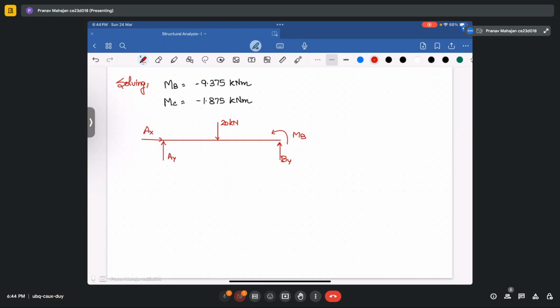Fine. So now apply summation of moment about B equal to 0. So what you will get? You will get minus MB minus load, which is also anti-clockwise, so it will be 20 into 1.5 plus AY into 3 equal to 0. By this, after substituting the value of MB, you will get AY equal to 6.875 kilonewton meter.